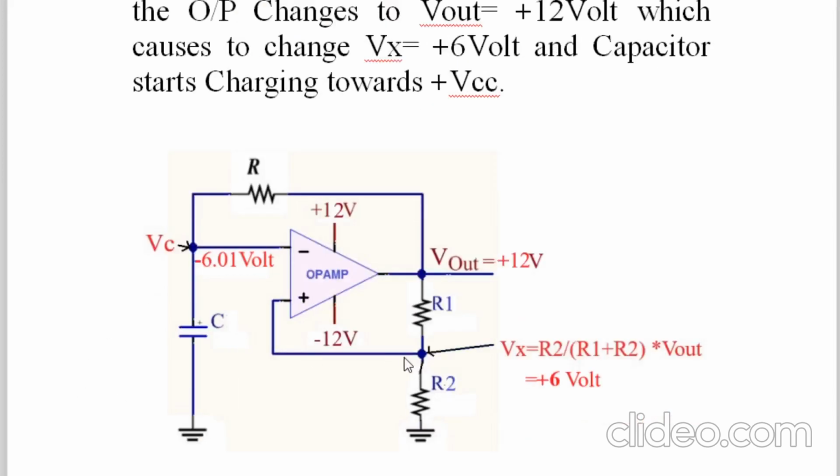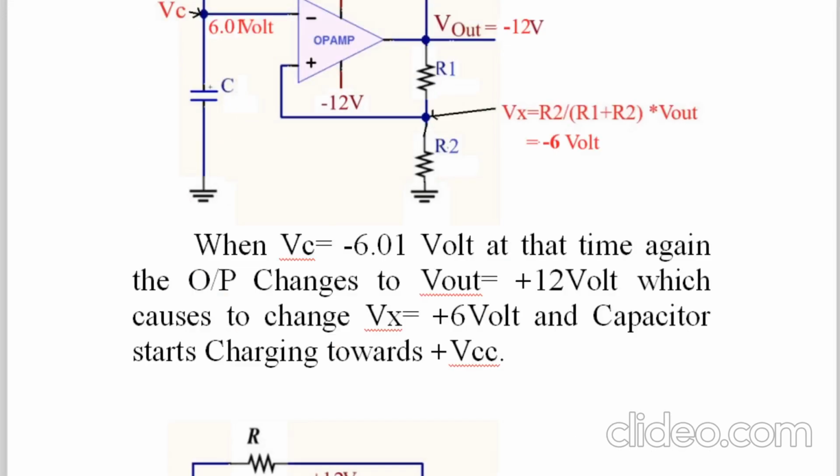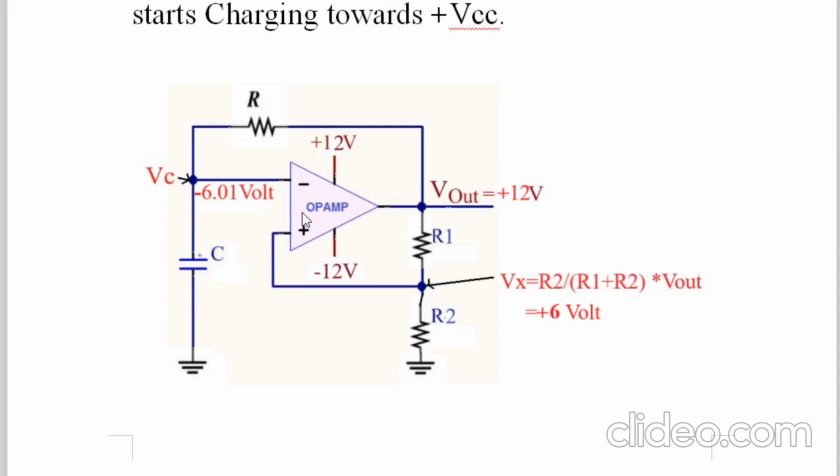This point is at minus 6 only because the output of the op amp was thrown at minus 12 volt. So this was at minus 6. When it comes to minus 6.1 volt, compare, this was at minus 6 volt and this is minus 6.1 volt. So within a fraction of a second, what will happen?